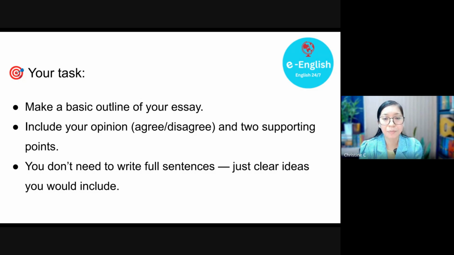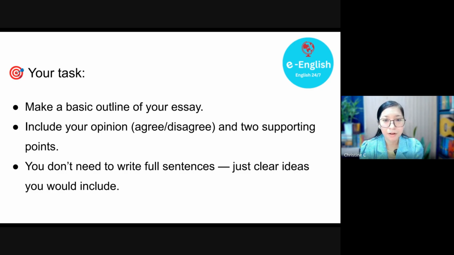First, too much time on screens can harm children's physical health. So I imagine that in your outline, you wrote body paragraph 1, harmful to physical health. For example, long hours spent using phones or tablets can lead to eye strain, poor posture, and lack of exercise. This can contribute to problems such as obesity and sleep disorders.